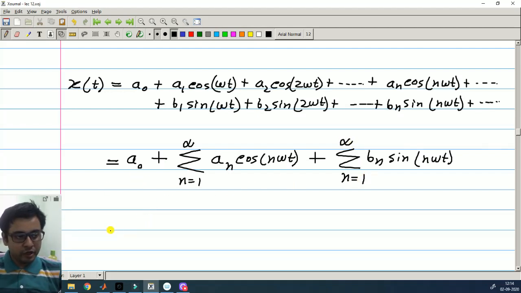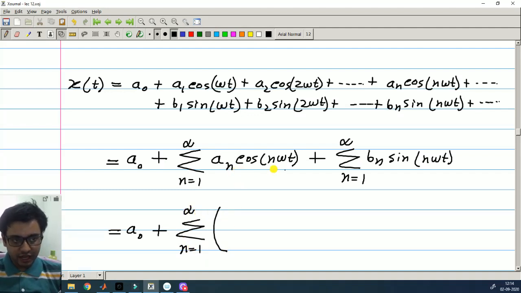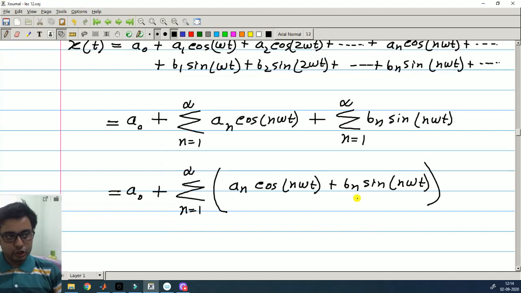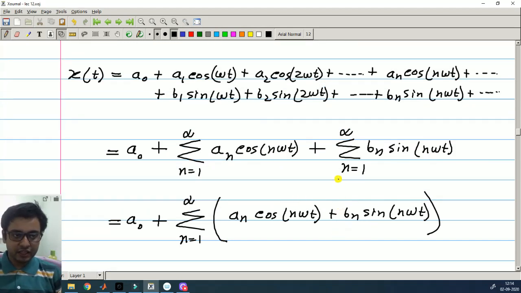Or you may also write it this way: a0 plus summation n equal to 1 to infinity, then write these two terms together: an cosine n omega t plus bn sine n omega t. So these are the different ways in which you can express the Fourier series.